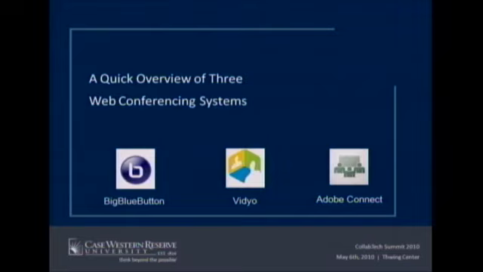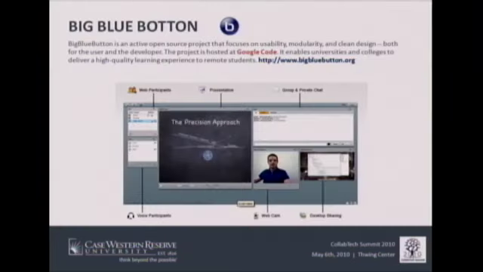You can try very basic features. Obviously, the free version usually gives you very basic features, and then you can upgrade by paying a certain amount of fee. So I will start with this tool called Big Blue Button. This is something that I found by a fluke, that is actually hosting Google Code.